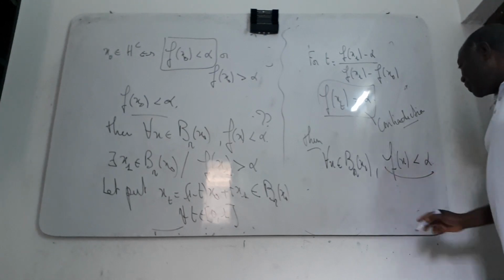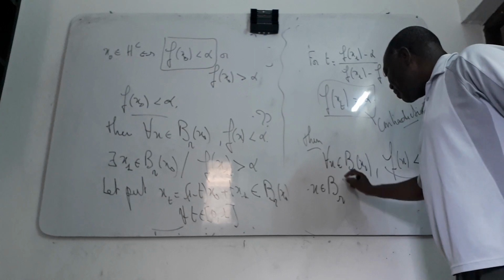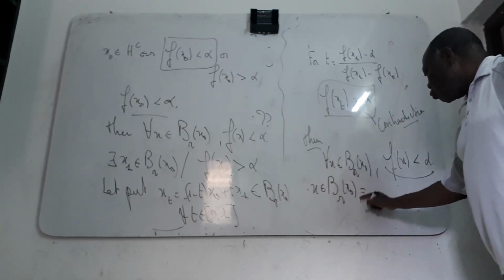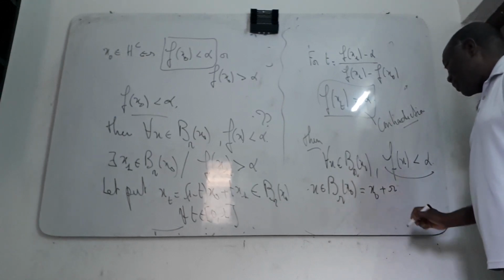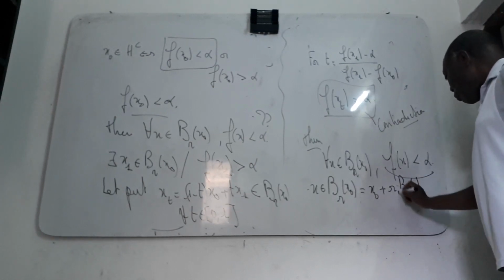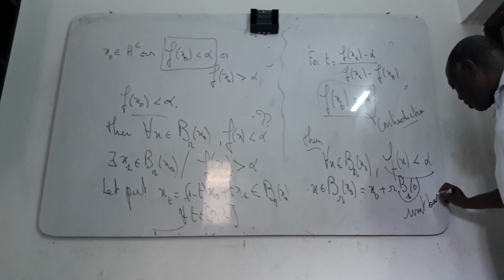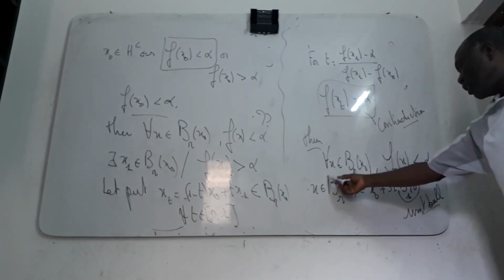If S is the ball, we know already that this ball is equal to x0 plus r B1(0), the unit ball. When you consider this, if x is here, this ball can be written like this.